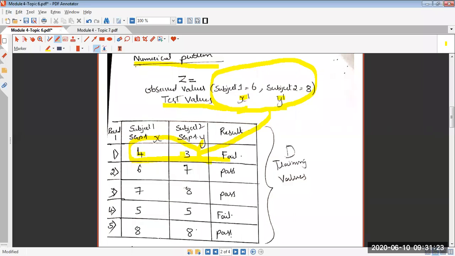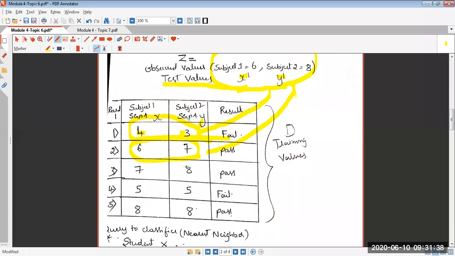In the second iteration of the for loop, what will happen? It will take x dash, y dash once again, and it will determine the distance to the second record. So now 6 and 7 will become x comma y. Similarly, it will progress to different iterations. This is the third iteration, fourth iteration. So what is happening here?